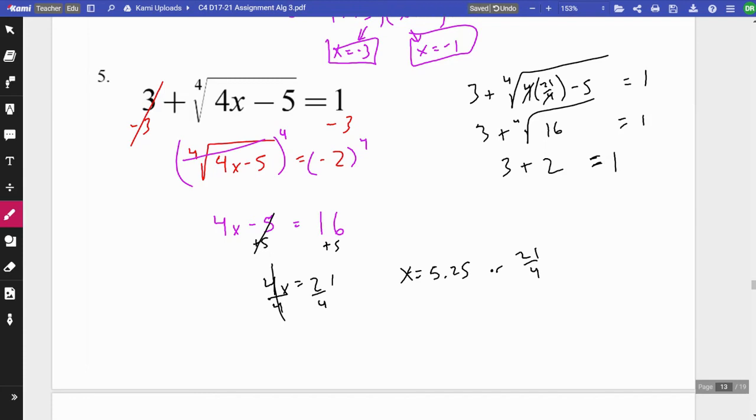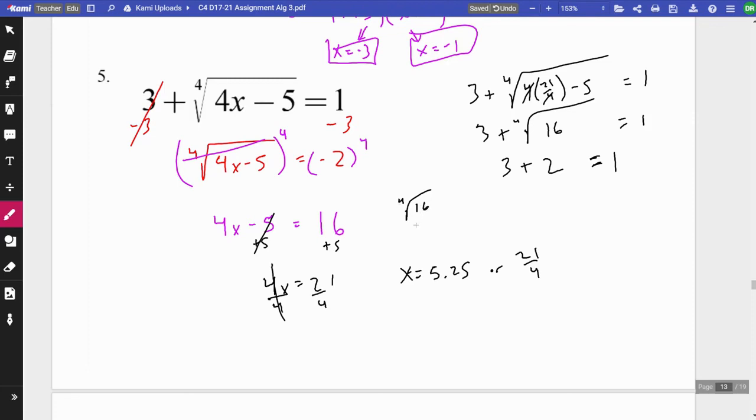However, when you have an even root, your answer could technically be a positive or a negative number. So, just like over here, we had a negative 2 to the 4th power and we got 16. If we took the 4th root of 16, how are we to know necessarily, what number times itself 4 times is 16?